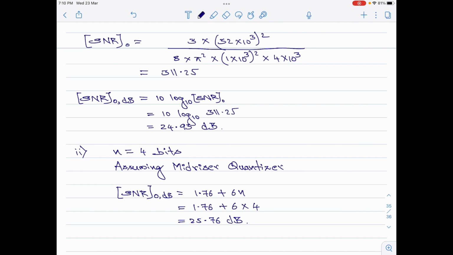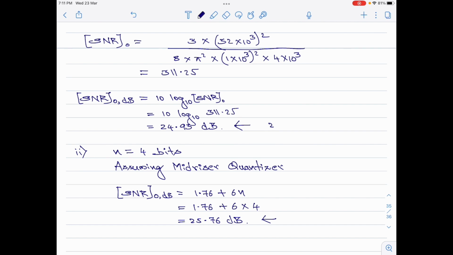Also, at the end of part B of the question, we are asked to compare the outputs of the delta modulated system and the PCM system. If you look at the SNR output for the delta modulated system, this is equal to 24.93 dB, whereas the same for the PCM system is equal to 25.76 dB.